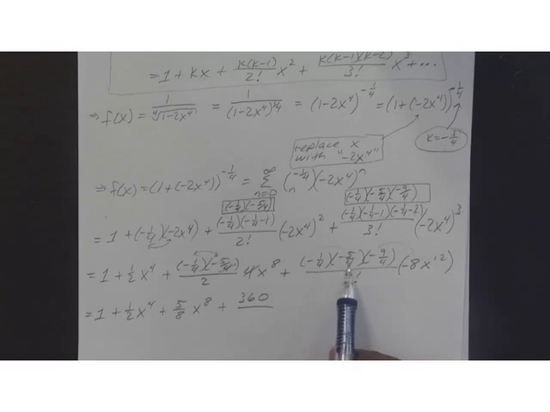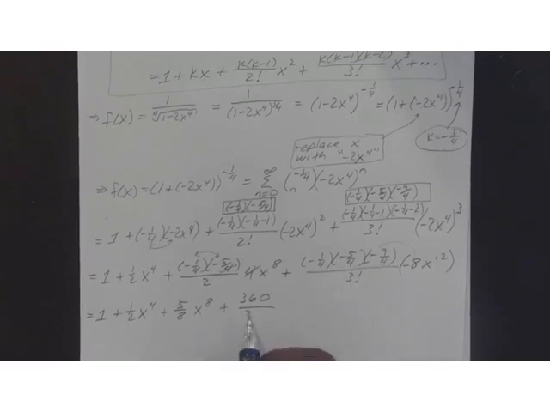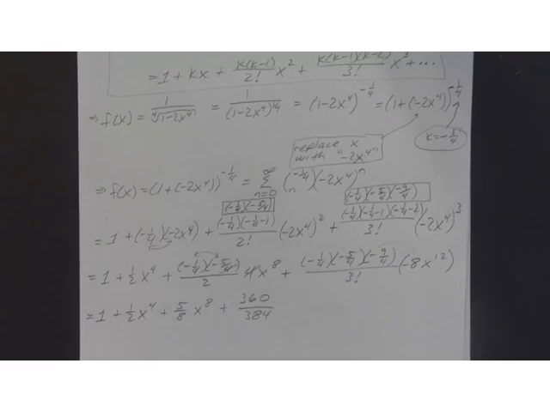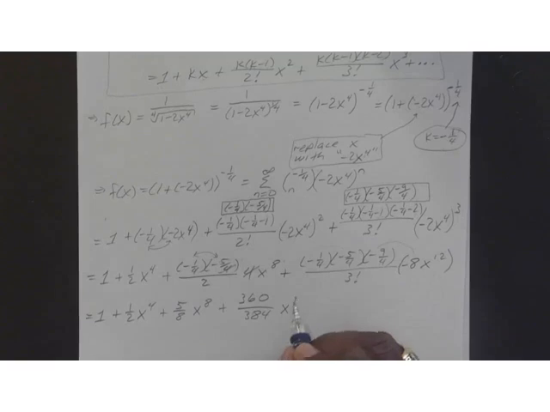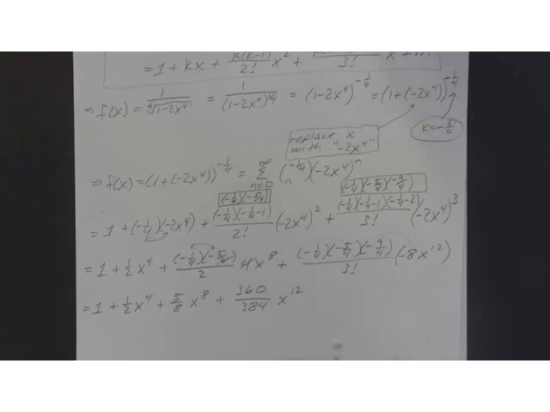Divided by 4 times 4 times 4 times 3 factorial is 384 times x to the 12th power. Okay. So we can simplify. We could have simplified it first and then multiplied it, but it doesn't really matter as long as it's simplified.